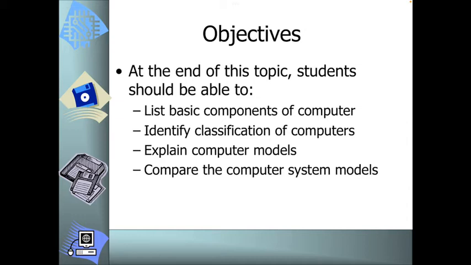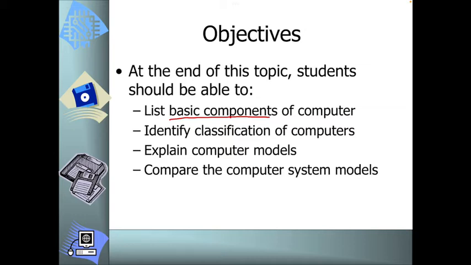I believe that you will have no problems listing down the basic components of computers, because we are using computers every day, right? The second one, you should be able to identify the classification of computers. We will look at what is a supercomputer, what is a mainframe, and so on.